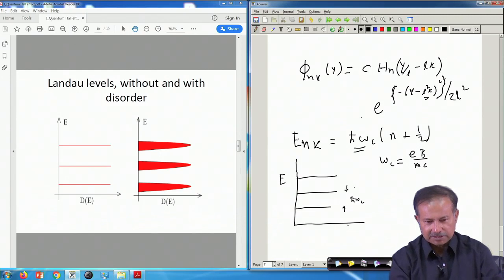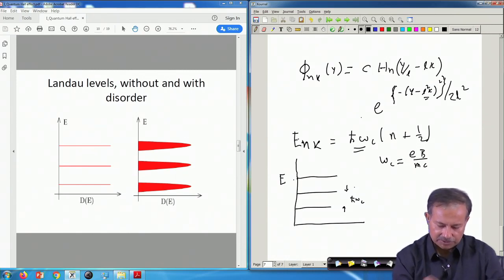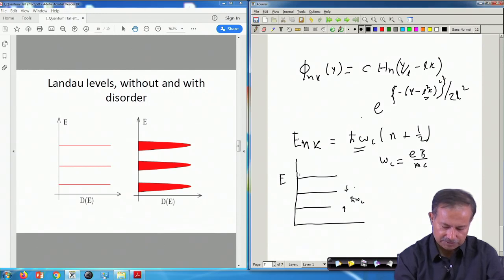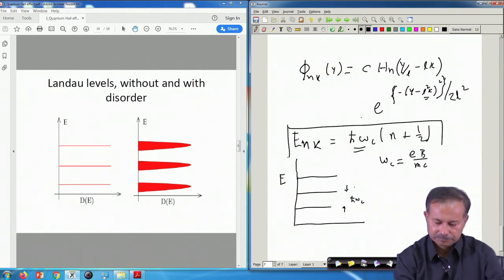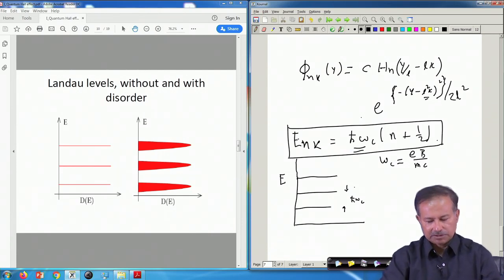Now, this x axis, let me just keep it for the time being, but this is just the energy. Look at the energy, and this is how it pans out. The result tells you that this is the discreteness of the energy, just like a harmonic oscillator.